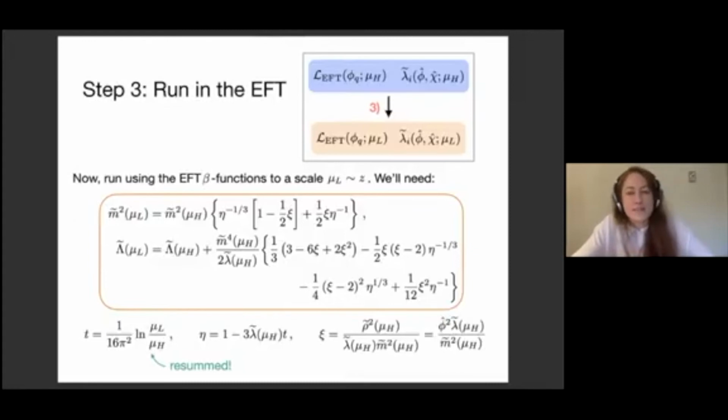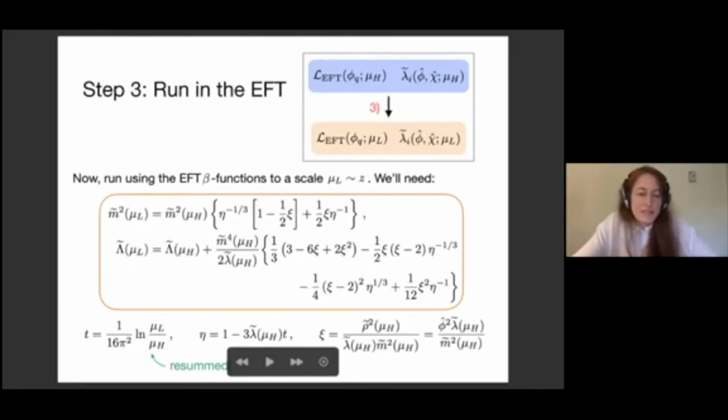Okay, so step 3 is we run in the EFT from the heavy to the light scale. Now I just use the EFT beta functions to run to some light scale that's order Z. Here I'm explicitly giving you the two that we really need, which is the running of m twiddle squared, the quadratic term in the EFT, and the running of the EFT cosmological constant.